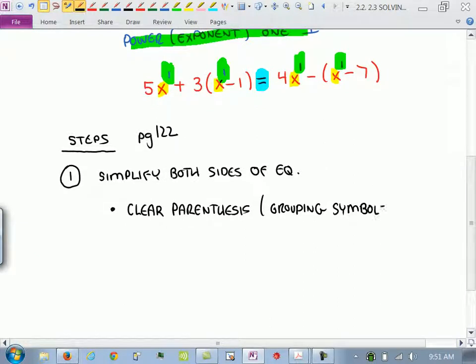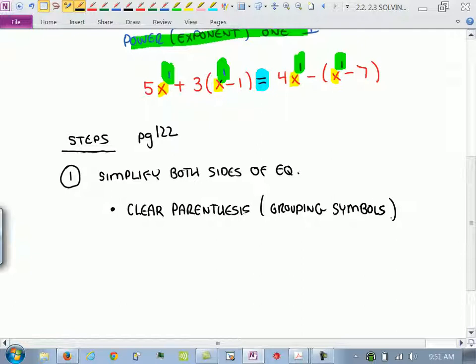Are parentheses the only thing that we use in math to group things together? Have you all seen things other than parentheses before? What have you seen? What else do we like to use? Brackets or braces. I believe this book sticks to the parentheses pretty good, so that's what I'll stick with.